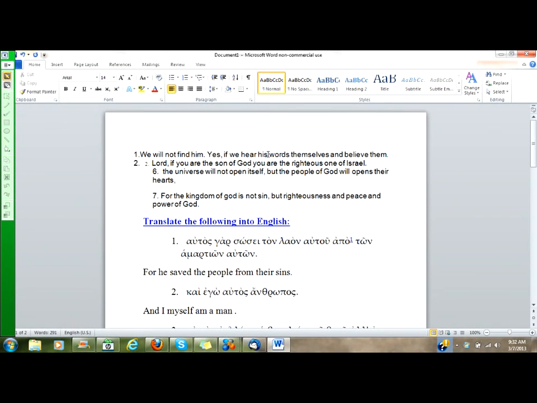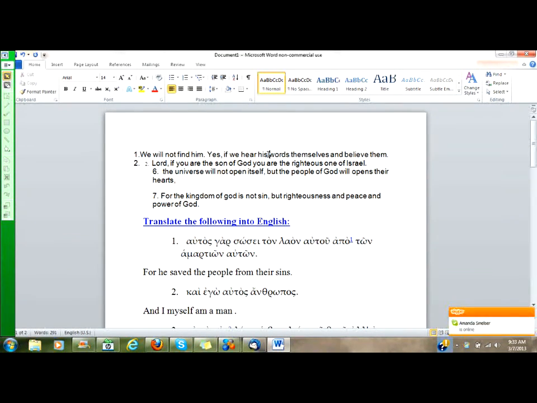Could be accusative, could be nominative, just based on the form hiera. However, here we already have a nominative kosmos, so that's our subject. Therefore, we're going to conclude that hiera is accusative and is the direct object of anoigei.